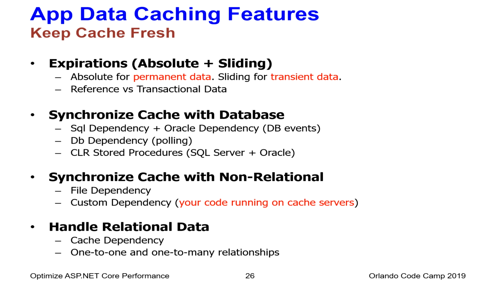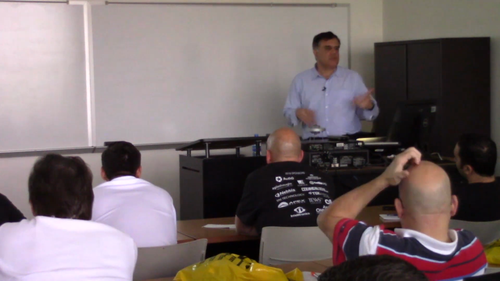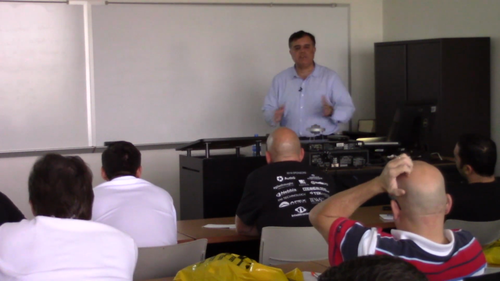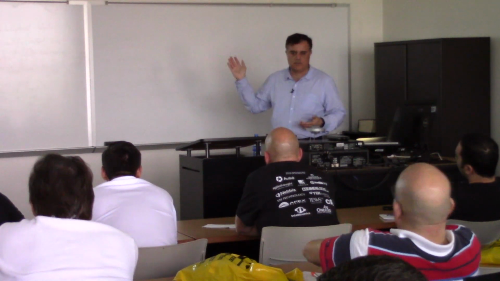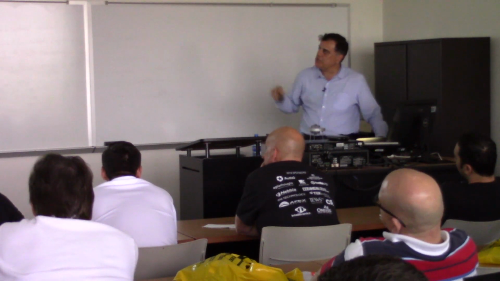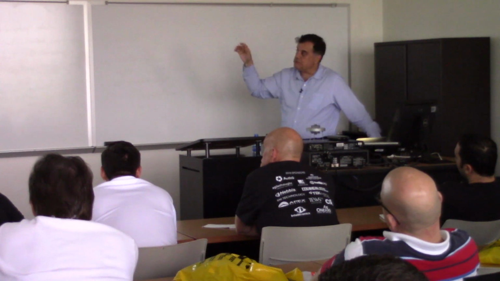NCache has it, and everybody else also has it. For transient data like sessions, there's a sliding expiration: if it's not touched for a certain amount of time, say 20 minutes of inactivity after the user logs out, the session expires. Expirations, pretty much everybody has them.